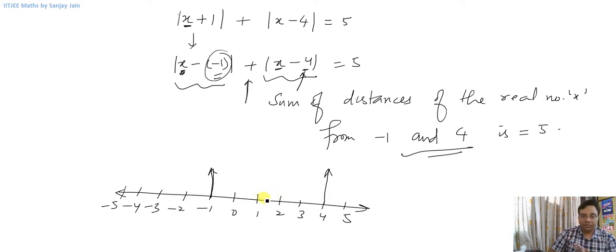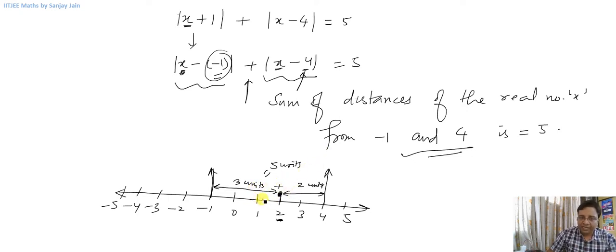So don't get confused, let us take this number 2 here. The distance of 2 from 4 is 2 units. The distance of 2 from -1 is 3 units, right? So the sum of these distances is 5 units. So 2 is one of such numbers.